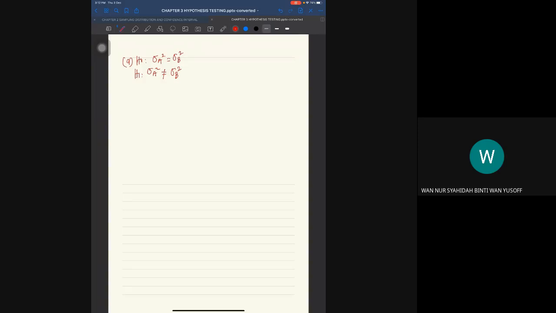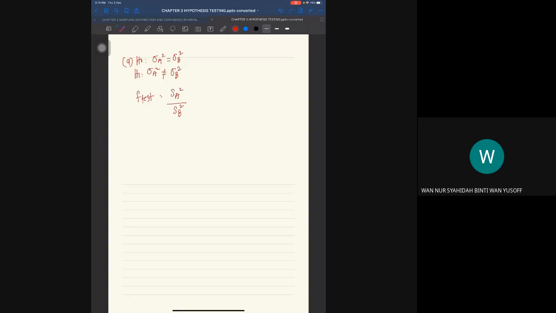Then you can proceed and calculate the test statistic, which is S A square divided by S B square.